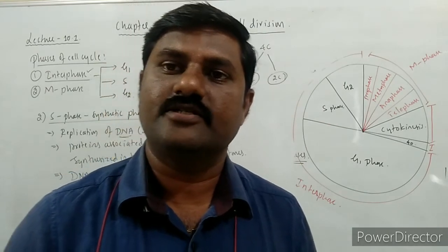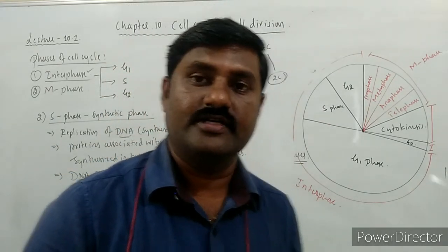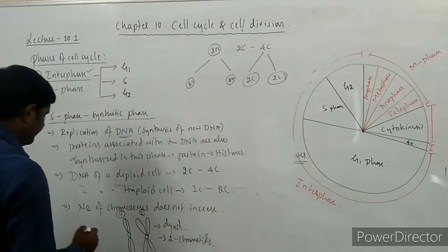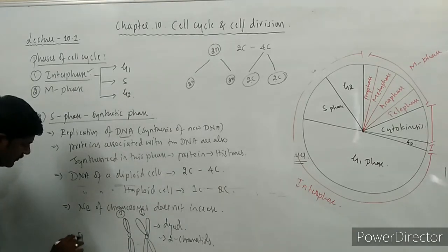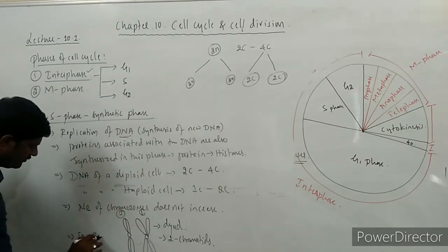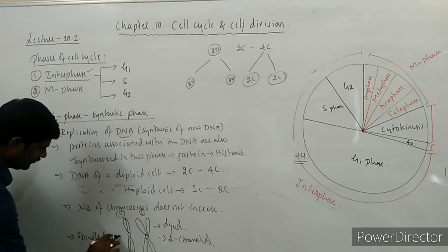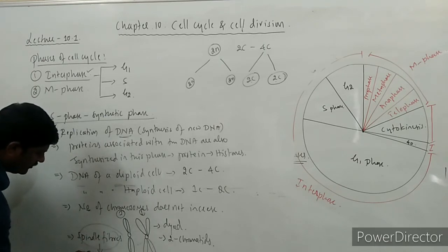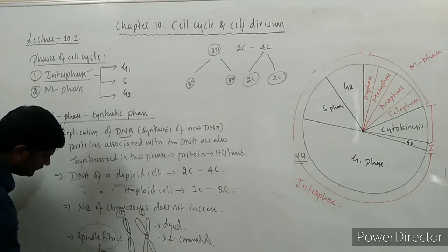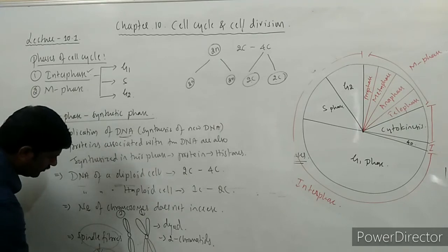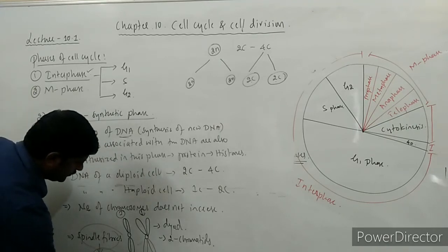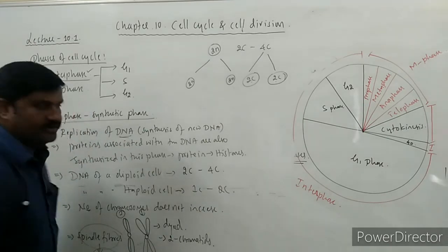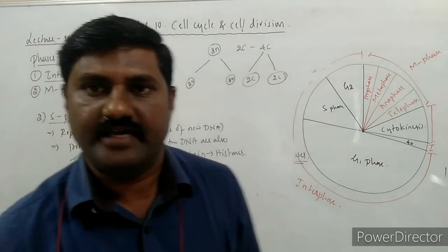One more thing we must remember regarding this S phase is the spindle fibers. The spindle fibers are formed from the centrioles. These centrioles duplicate themselves during this phase.